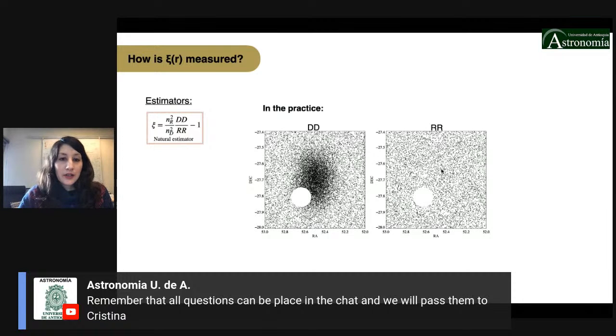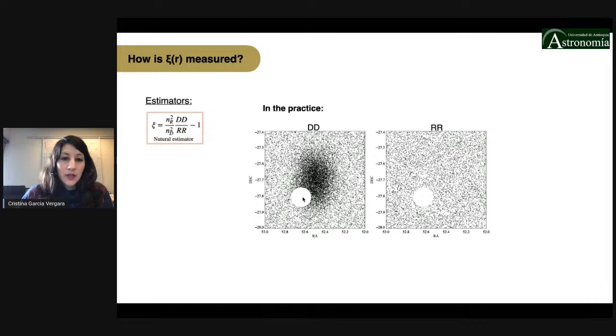If the data has an empty spot here because of any problem of the image, or sometimes we have bright stars that are contaminating the fields, and we cannot actually see very well the information here, we normally mask that region. And if that is the case, your random catalog also has to follow exactly the same geometry, then you cannot simulate galaxies in this area here.